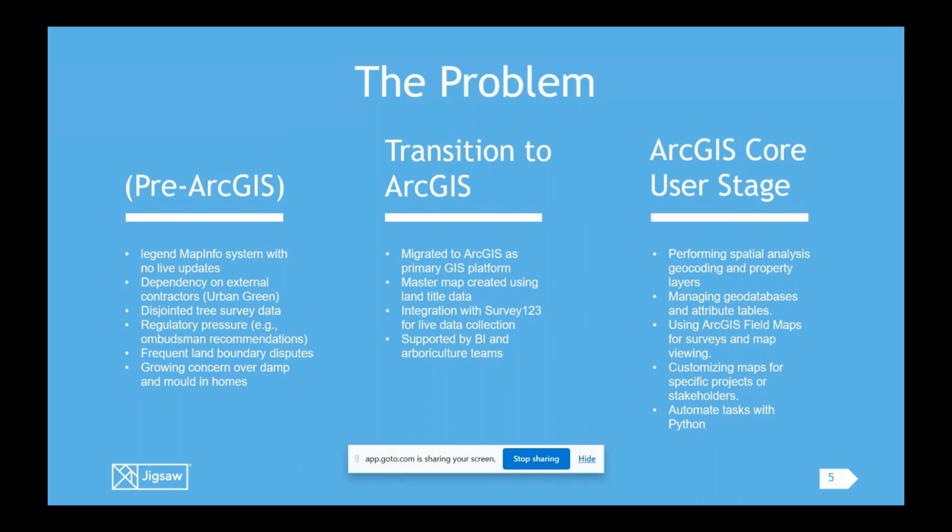So we moved that to ArcGIS, and from then we created our first map, which was our master map, using the land title, and also writing some queries. We were helped by part of Esri's team, who came over, and we started our first map, our master map. And we then started using Survey123 for live data collection.